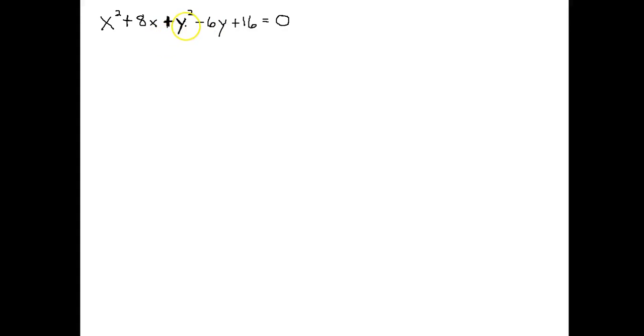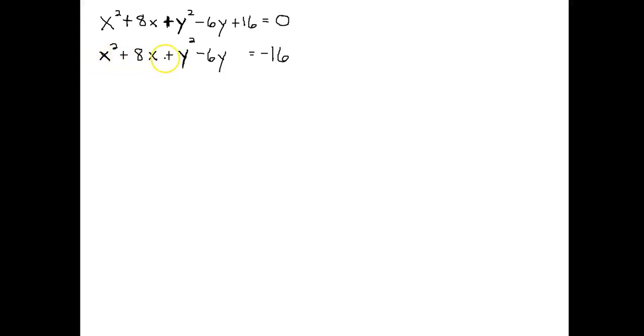So what I'm going to do first is make sure x's and y's are here, but nothing else. So I'm going to go ahead and subtract 16 from both sides. Okay. Then I'm going to look at my x's and y's and make sure there's a 1 in front of x squared and a 1 in front of y squared.